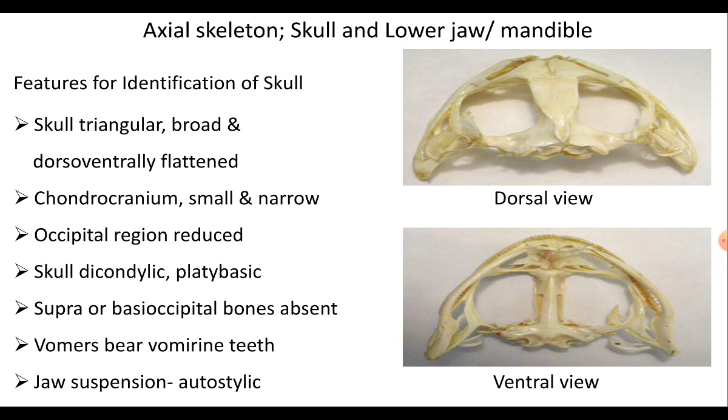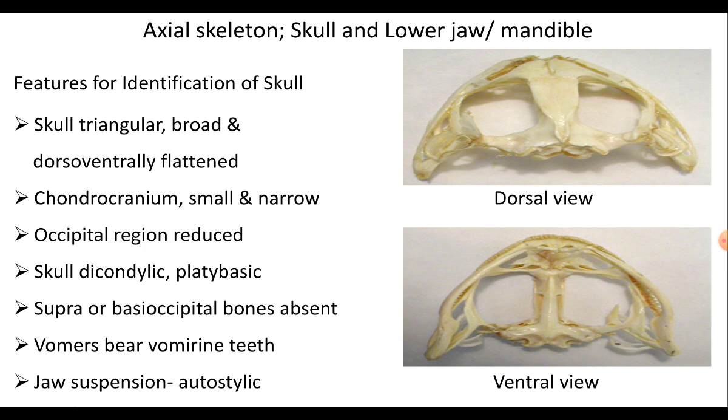Hence, the cranium in the frog skull is called chondrocranium. It is small and narrow, because it possesses only a small brain.